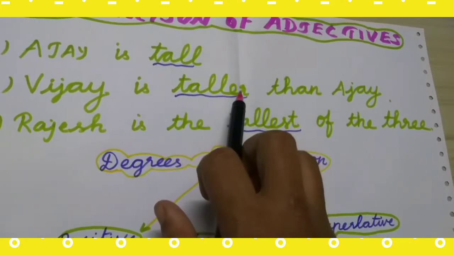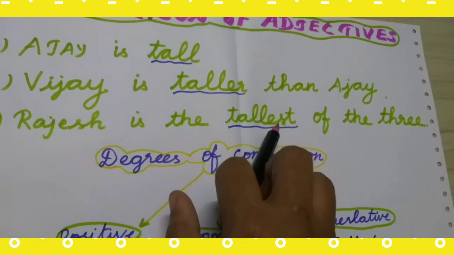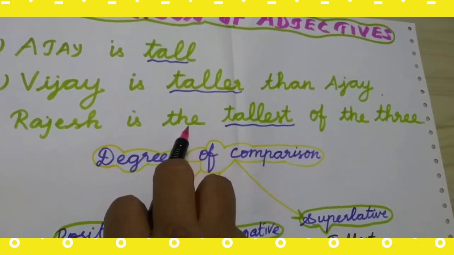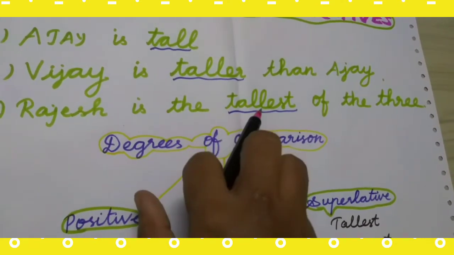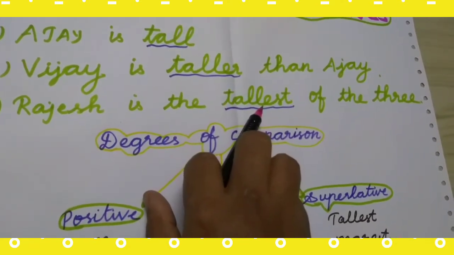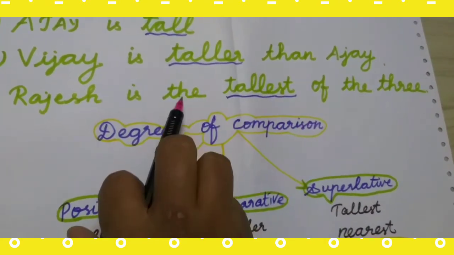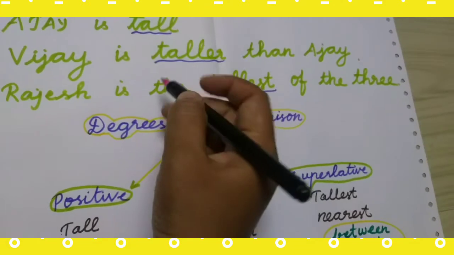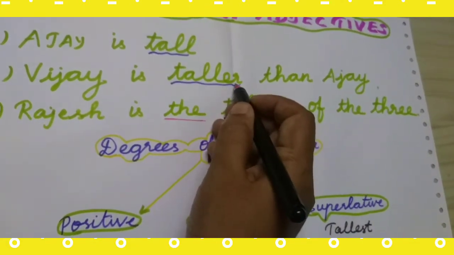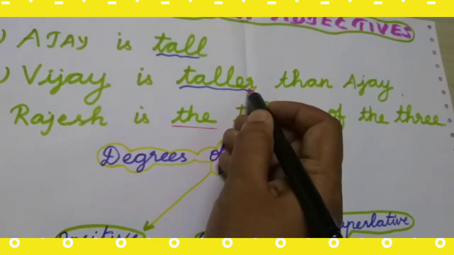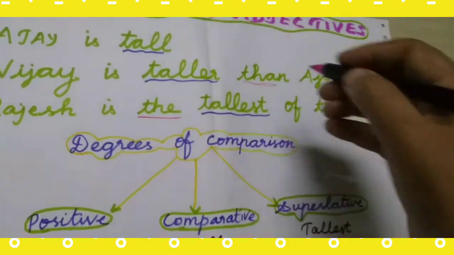When taller comes, you must write than. With the superlative, we use est and also the. Remember this carefully. This is very important.